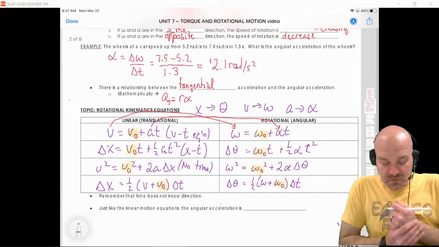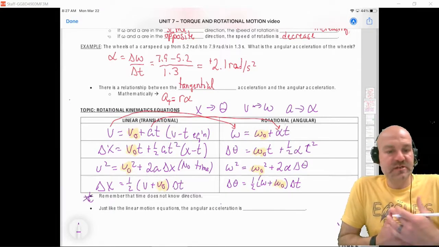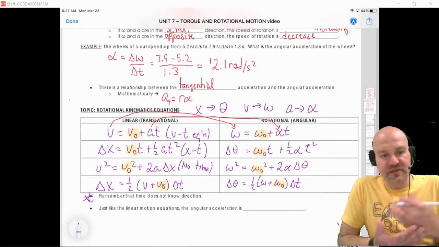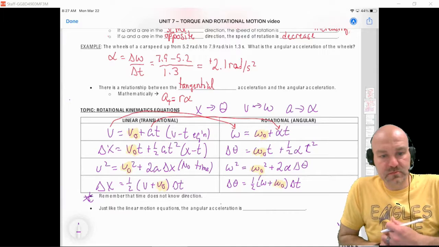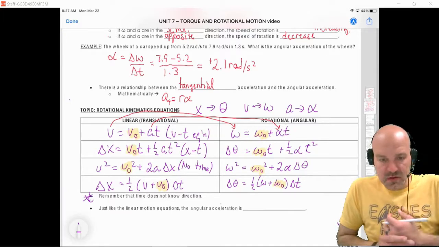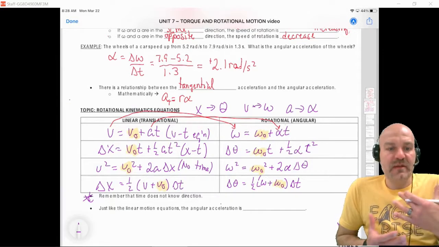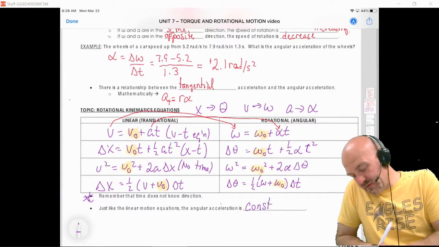Okay, so remember that, again, time is important. Time doesn't care about the direction, just like we talked about. It doesn't care if it's traveling horizontally or vertically. It just cares that you've started a stopwatch and you stopped the stopwatch. One thing to remember with these equations, especially at the AP Physics 1 level, is that the angular acceleration is constant.